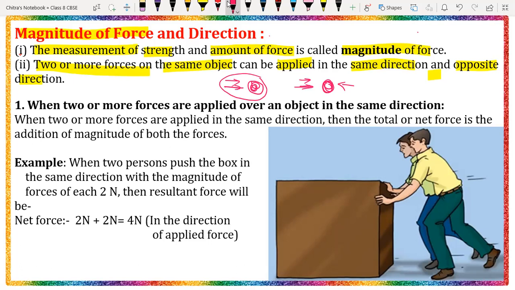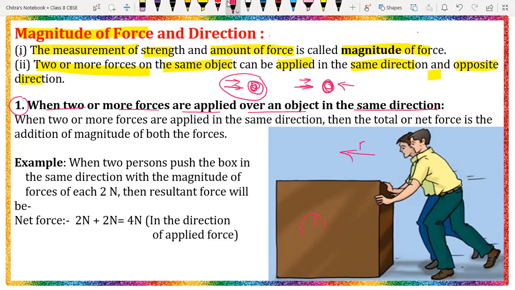So what is the first condition? When two or more forces are applied over an object in the same direction, as we can see in the diagram, these are two persons applying force on the same object in the same direction. Here we have a single object, and both persons are applying force.